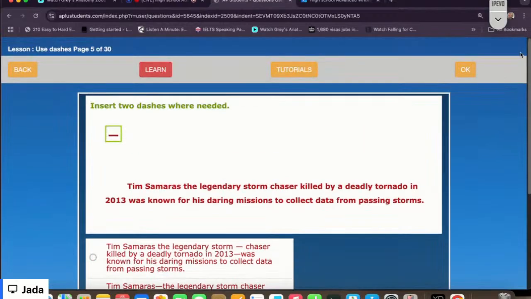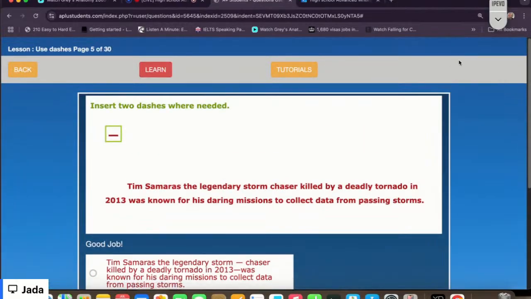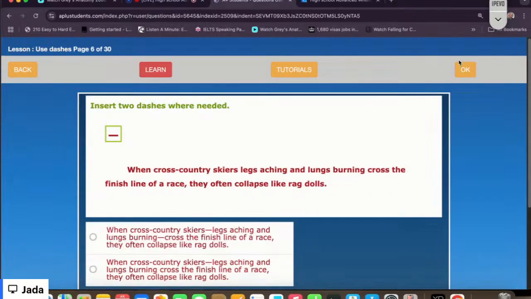So we have what? The second one. When cross country skiers, legs aching and lungs burning, cross the finish line of a race, they often collapse like rag dolls.